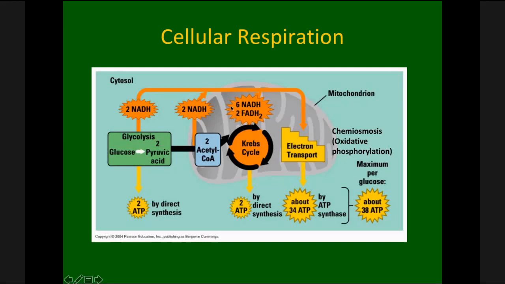So 6 NADH, 2 FADH2s. This is where you're going to yield carbon dioxide. You're then going to use these energy storage molecules, the 2 ATP synthesized there as well. Then all the NADH, all the FADH2 that you harvested during this process, you're going to use to run the electron transport chain. Each one of them will donate their hydrogen.